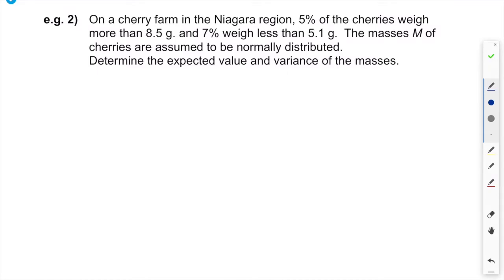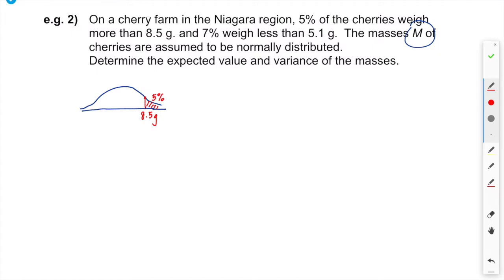So we're going to have M to represent the masses of these cherries in grams. I'm a visual person. I find that it is always helpful if I turn the descriptions of the probabilities into a diagram. So first, 5% weigh more than 8.5 grams. So it's very little. 5% is very little. So when I fill out this diagram, I know that it's going to be a small region, the top 5%, with a cutoff of 8.5 grams.